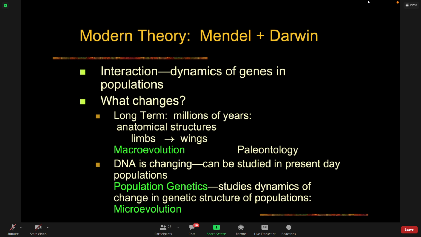But we can also look at the changes in their genes over time. So microevolution is a branch and a part of biology called population genetics. Population genetics is studying the change in genetic structure of a population. And so this is where we're going to start looking at population genetics, microevolution.